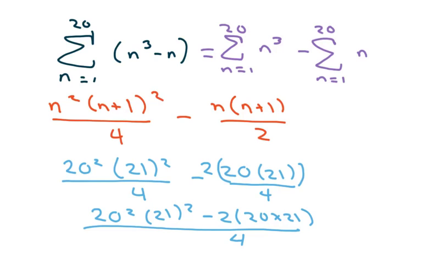And when you clean all that up, you're going to get 43,890. You can just use a calculator, that way you only have to divide by 4 once. Or you could have just done it normally and used your calculator.